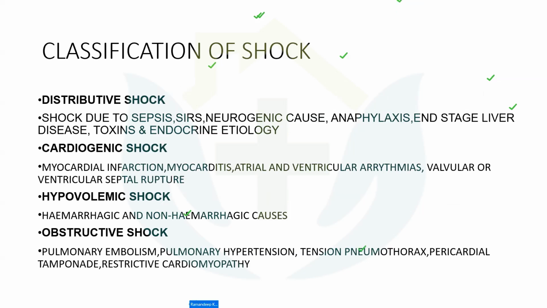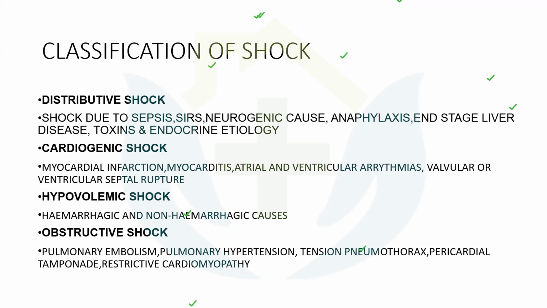Classification of shock, we all know these things. I'm not going into details; we just broadly discuss distributive shock, cardiogenic shock, hypovolemic shock, and obstructive shock. Distributive shock happens in sepsis, neurogenic causes, anaphylaxis, and so on.